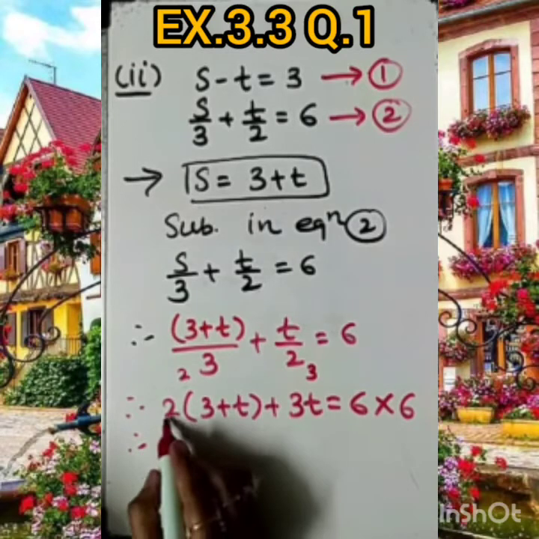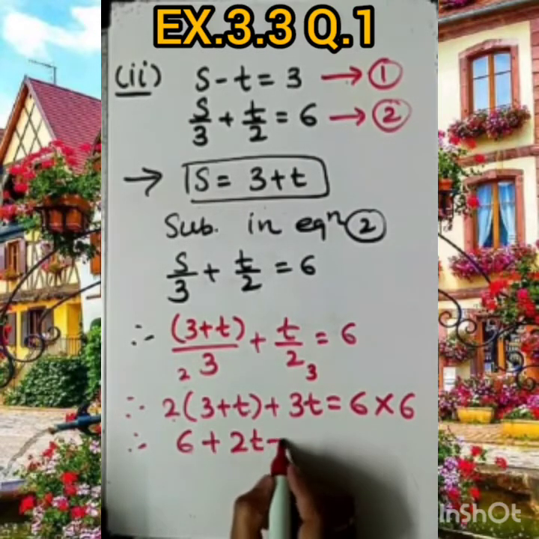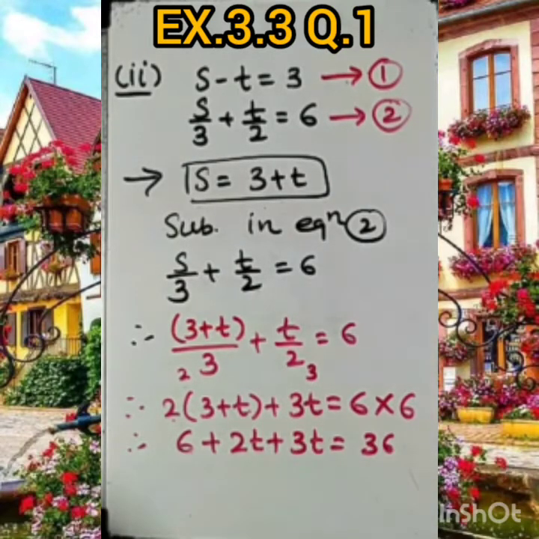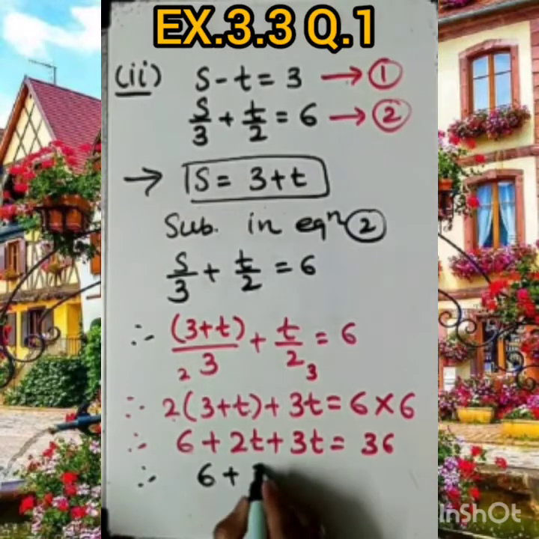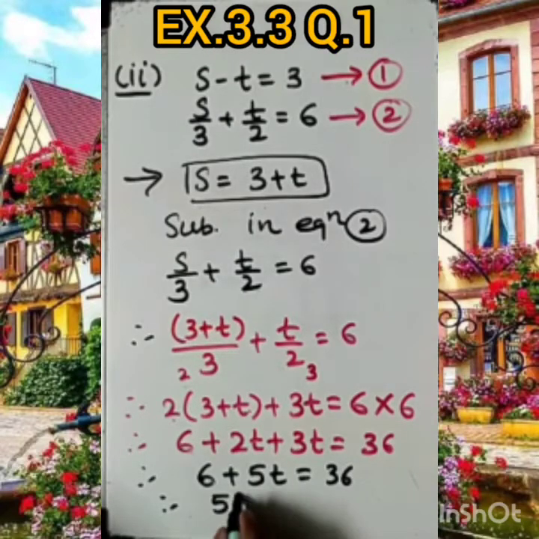So the product of 3 with 2 is 6, 2t plus 3t equal to 36. So what do we have here? 6 plus 5t equal to 36. Therefore 5t equal to 36 minus 6, so 5t equal to 30.